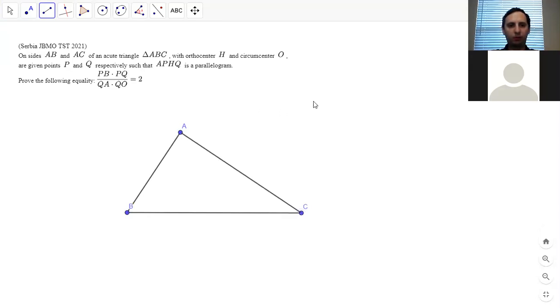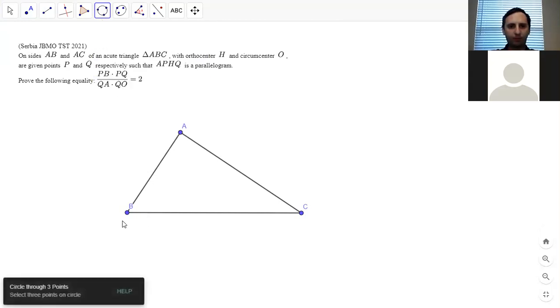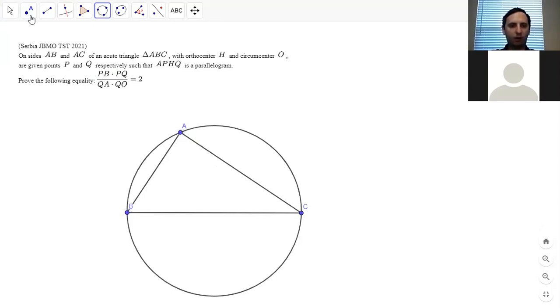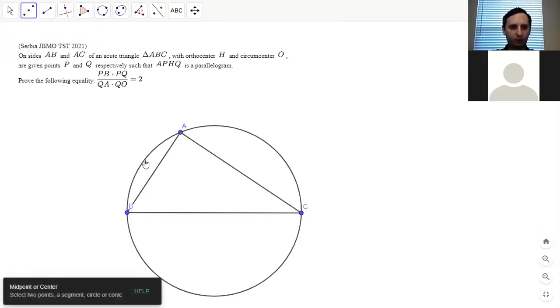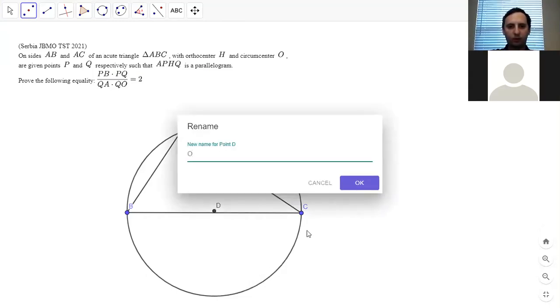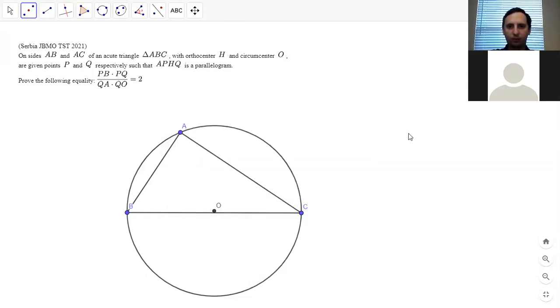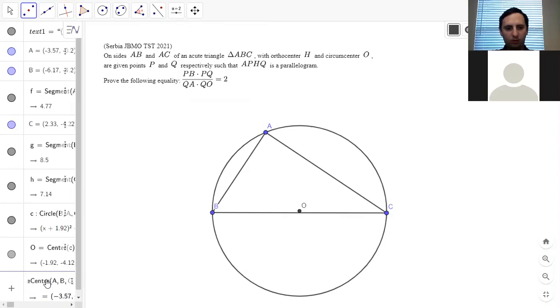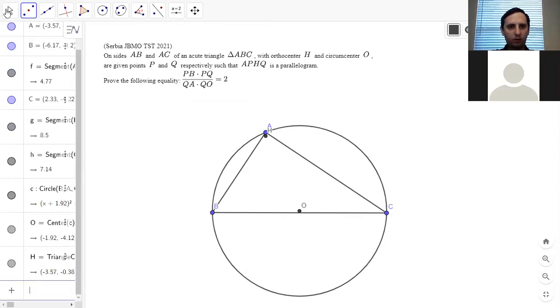So I will use the algebra tool in just a minute, but for now I'm just going to draw the circumcenter and orthocenter. So that's the circumcenter. And then for the orthocenter, I'm going to use this. All right.